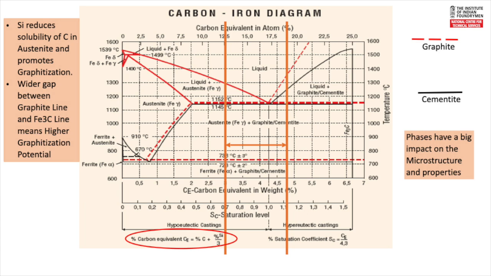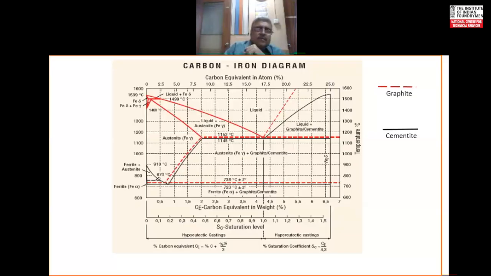Then down below, as the temperature drops, you will also find something called cementite or graphite, which is shown here. This particular line is known as the eutectic line. This is a line where at a particular composition like 4.3% carbon equivalent, liquid will get transformed into two solids. So it will be austenite plus graphite or cementite. Why this or? I'll come to it later.